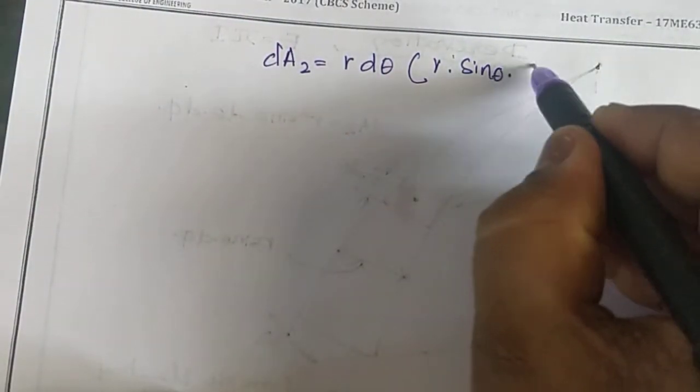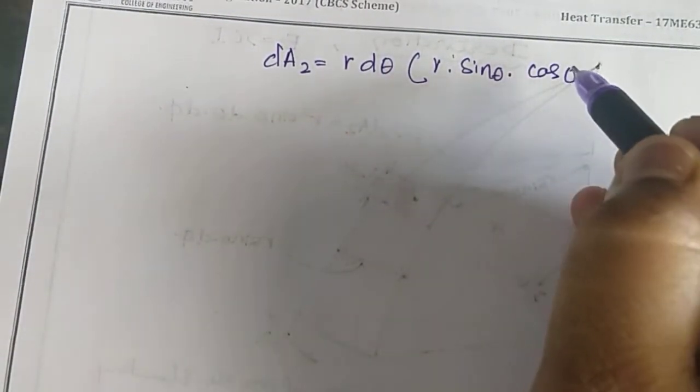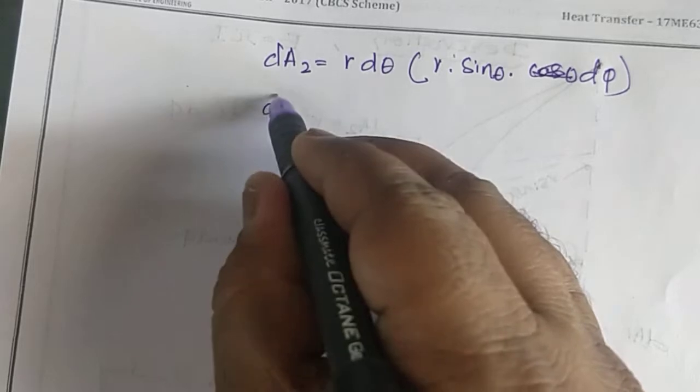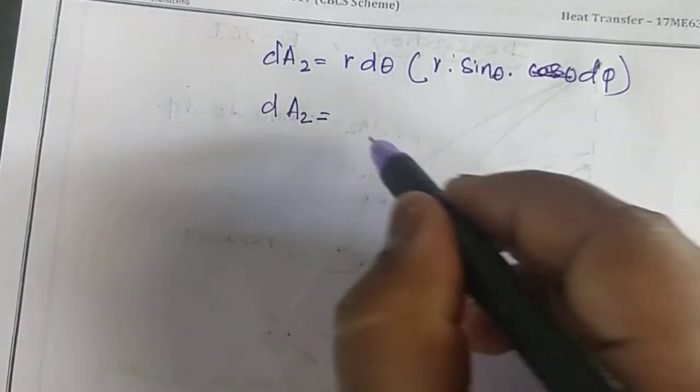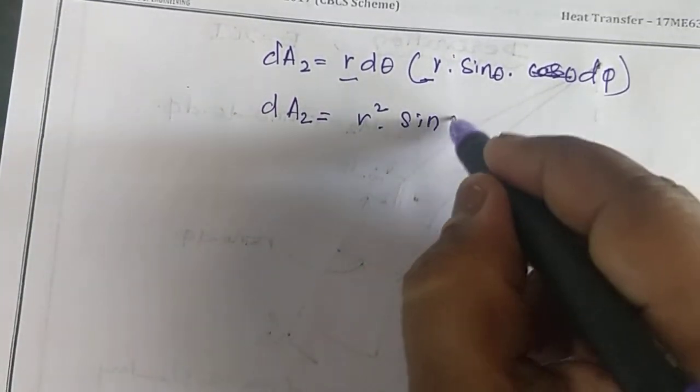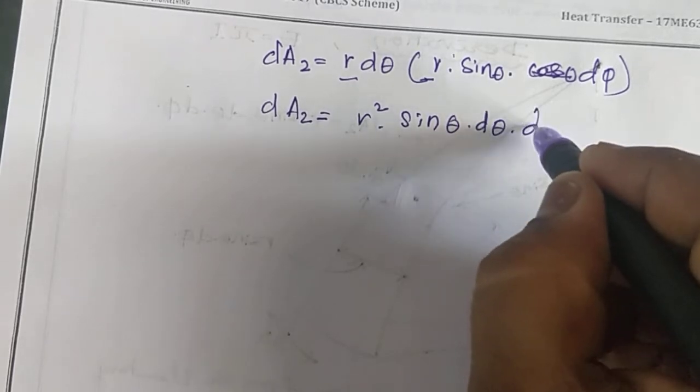Now it is evident from the figure that dA2 is equal to r d theta into r sin theta d phi, and we can write further dA2 equals r square sin theta d theta d phi.